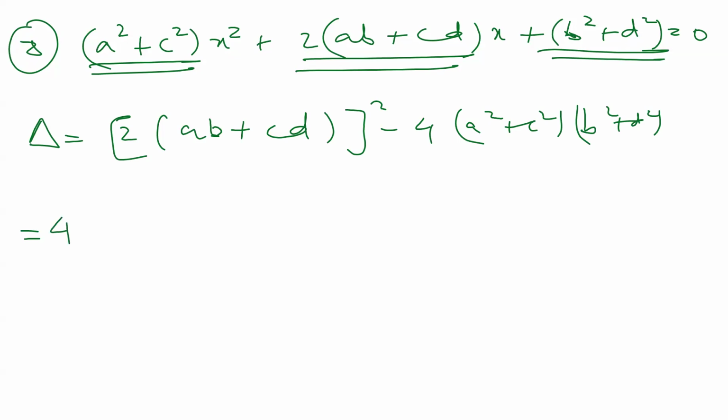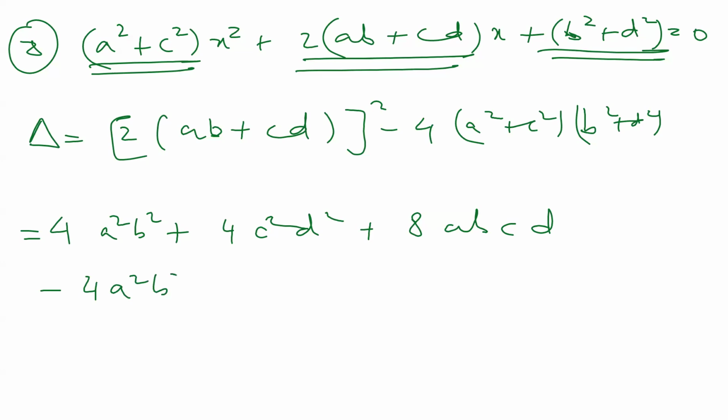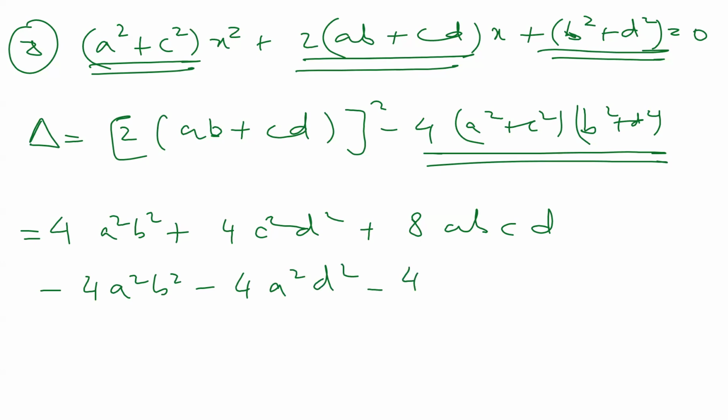Okay, so this will be 4a²b² plus 4c²d², minus 8abcd. Then I'm just multiplying this now: 4a²b² minus 4a²d² minus 4b²c² minus 4c²d².